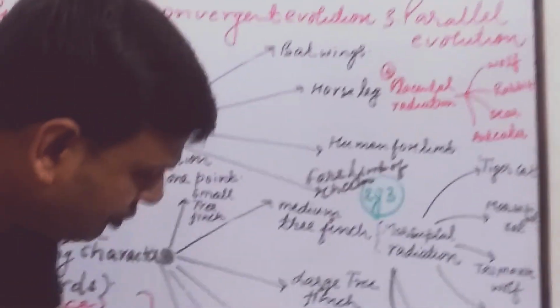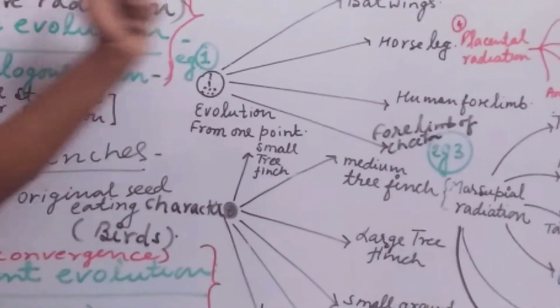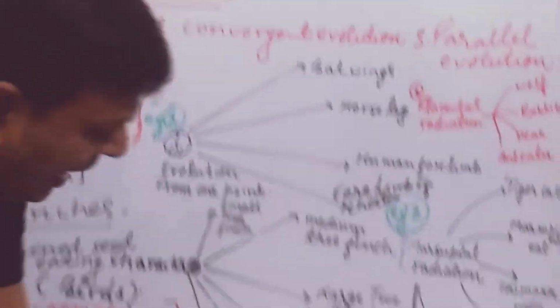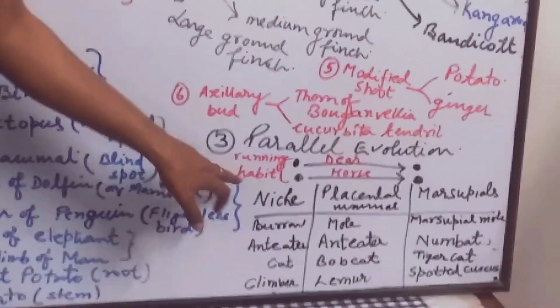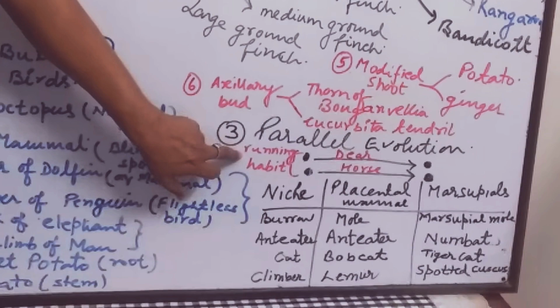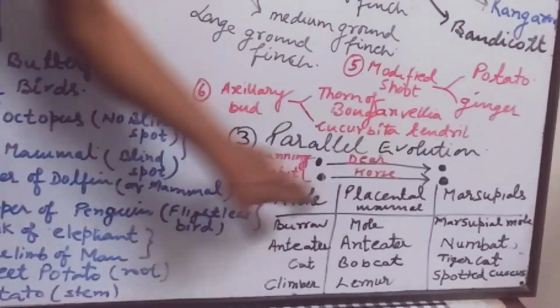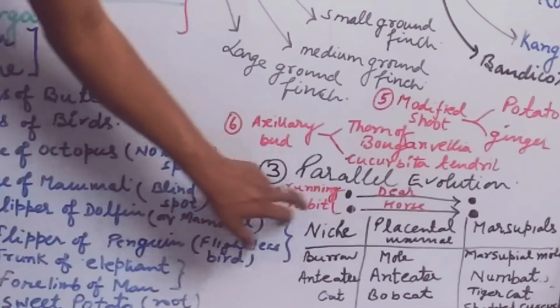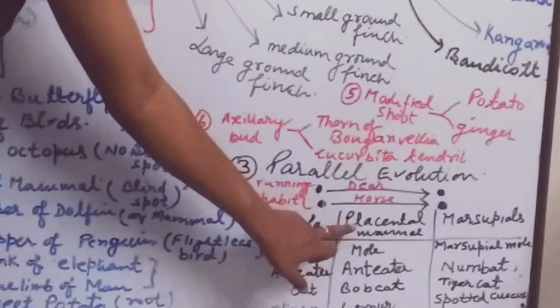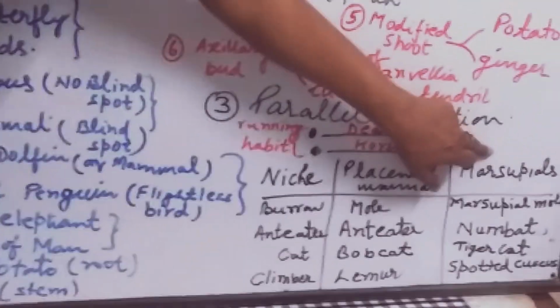This parallel evolution is totally different from divergent and convergent evolution, and in parallel evolution the most common example is the running habit of different mammals like deer and horse. To study parallel evolution, we will discuss different examples of placental mammals and marsupials.